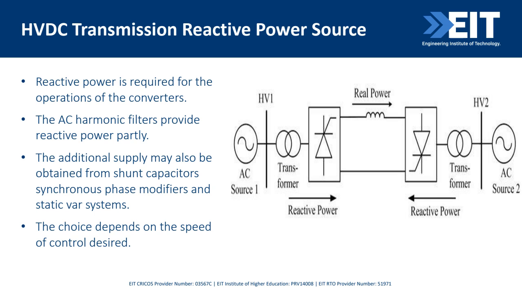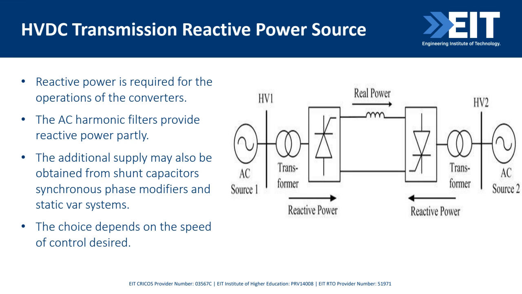As I mentioned, some of the components in DC transmission require reactive power. That reactive power has to come from somewhere, right? Because DC doesn't have a reactive component. As we mentioned, these filters can provide that reactive power.